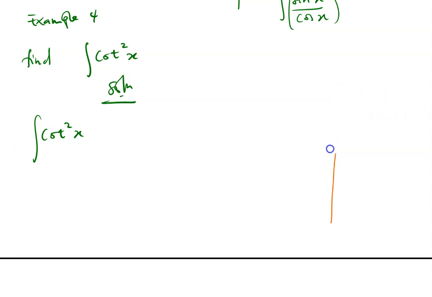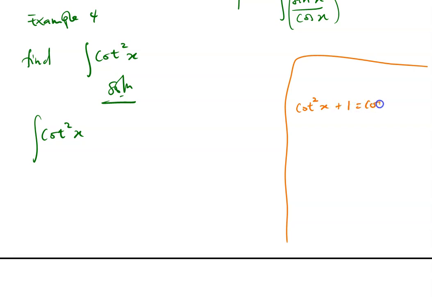The space is too small for me, more like a jotter to me. So we can say that cot squared x plus 1 equals cosec squared x.